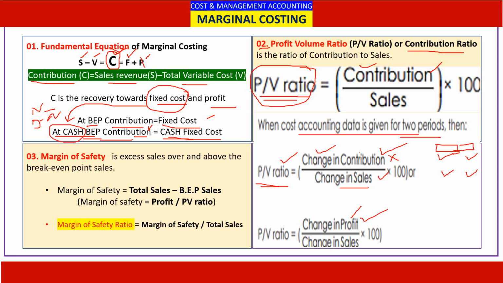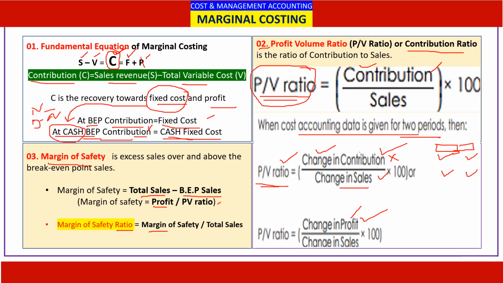Third is margin of safety, which we saw. Margin of safety is the height of the mattress in the total height, that is break-even sales deducted from total sales. It is also known as profit by PV ratio. Margin of safety is break-even sales deducted from total sales, and it is also indicated as a ratio or percentage.